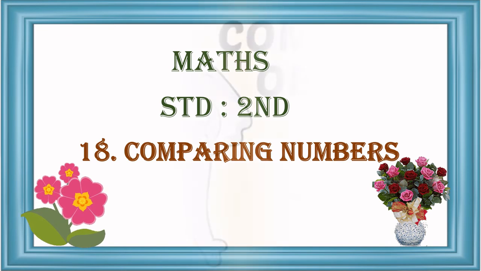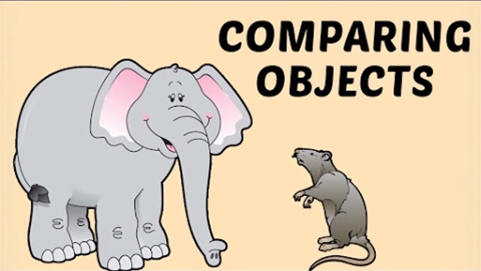See dear children, here comparing objects. You can see two animals. Am I right? Here this animal is an elephant, which is a huge animal, or we can say a large animal, right? And one more animal, that is a mouse.